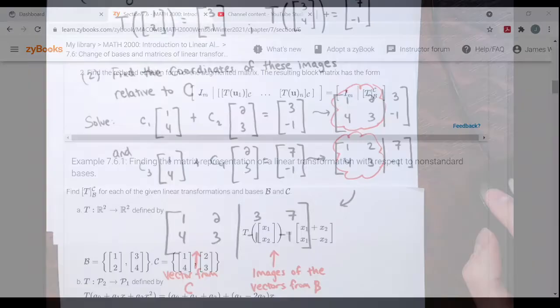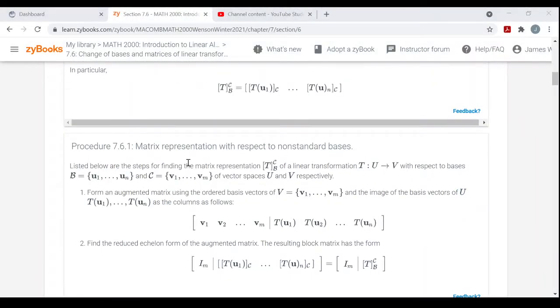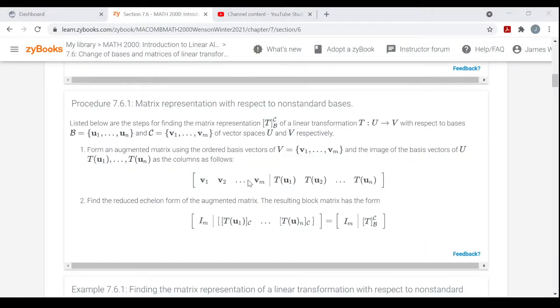So back in this procedure area, how do I find this matrix representation? C is the vectors V1 through Vm; they're putting those on the left of the bar. And B is the basis vectors for the domain, U1 through UN. You see they're doing T of those, putting their images on the right side. And then put this into reduced row echelon form, and then you'll have your matrix representation.